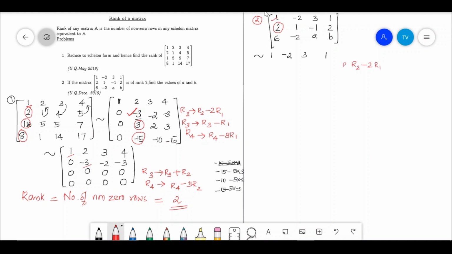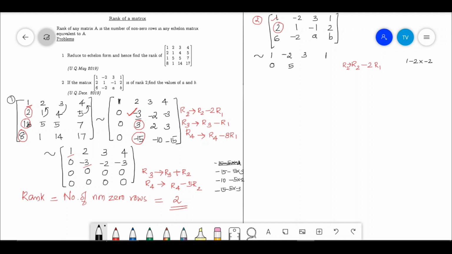R2 is to be transformed as R2 minus 2R1, and therefore every element of the second row has the same change: 1 minus 2 times the corresponding entry in the first row, 1 minus 2 times minus 2, so it is plus 5.